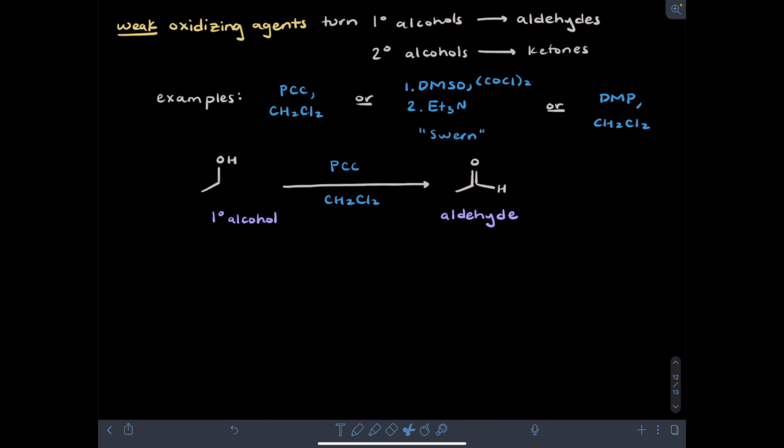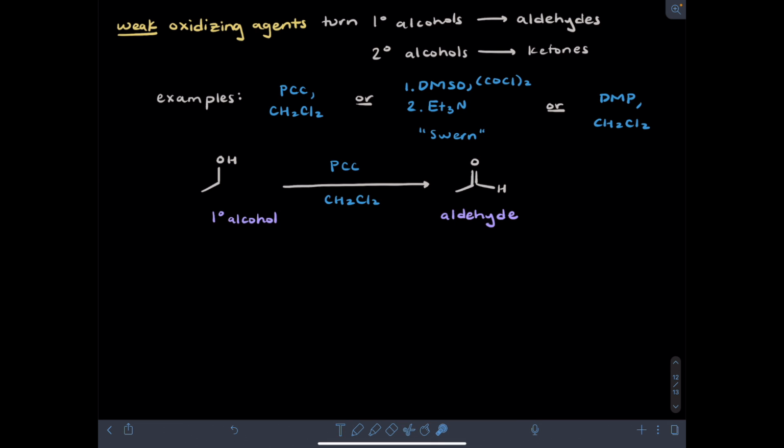This would convert the primary alcohol into an aldehyde, where it is this carbon attached to oxygen that becomes this carbon attached to oxygen in the aldehyde product. To get to the aldehyde product, I removed a hydrogen from oxygen and a hydrogen from that carbon as well.